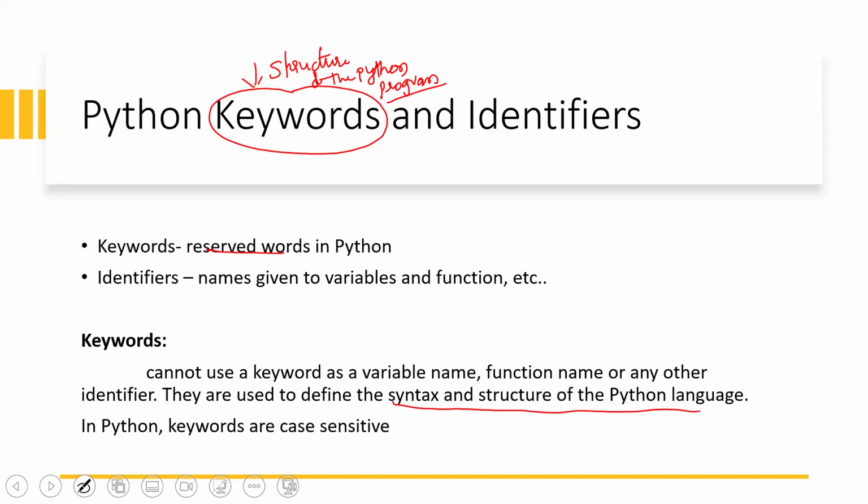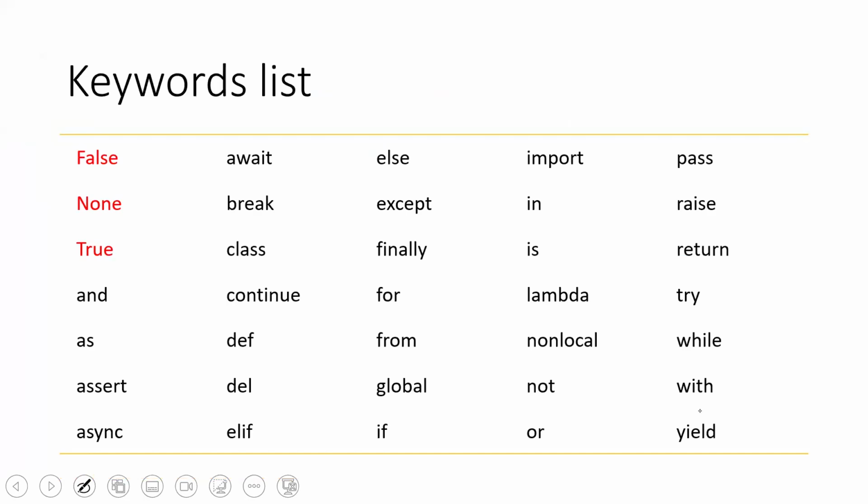As Python is case sensitive, keywords are also case sensitive. So this is the keyword list. Except for the highlighted three columns, there are a total of 35 keywords available. How to get these 35 keywords? By using code, as I'll explain.